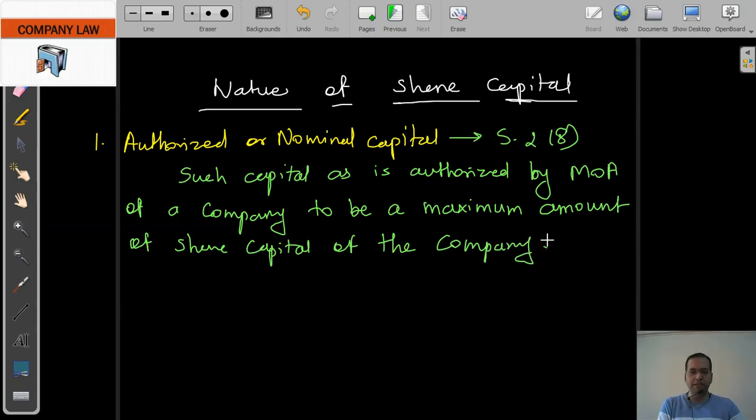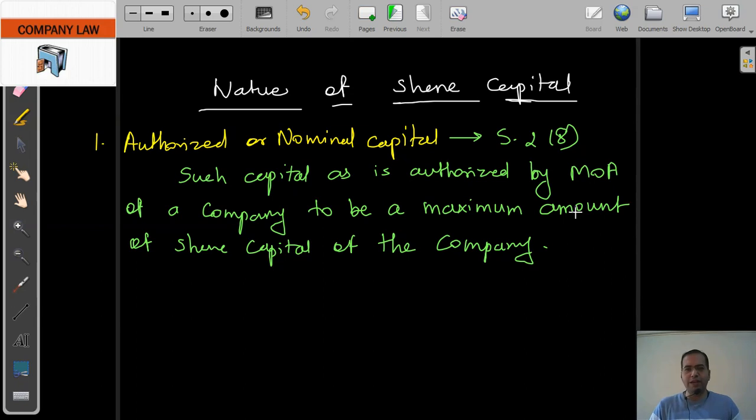Okay, so this is the maximum amount up to which a company can raise capital, and in the capital clause of the company we mention the authorized capital. So let's assume that ABC Private Limited has an authorized share capital of rupees 1 lakh. Now it can be divided into equal denominated shares.